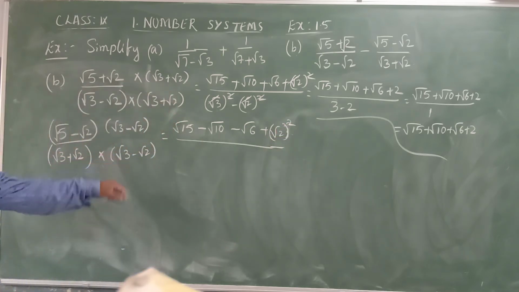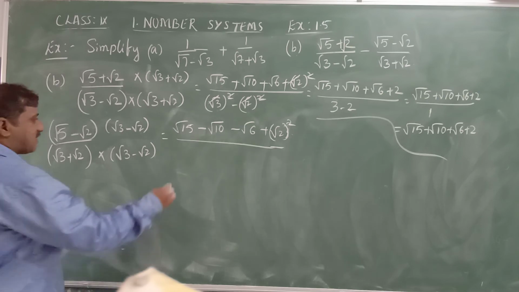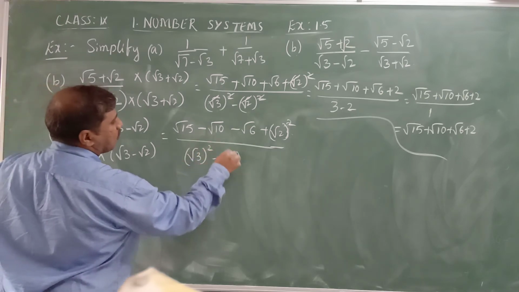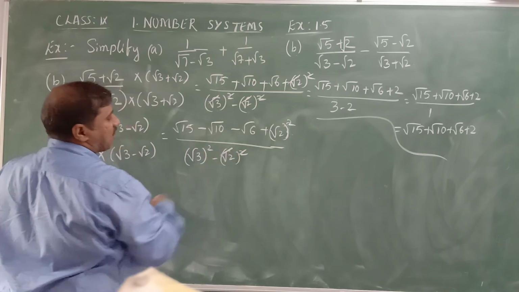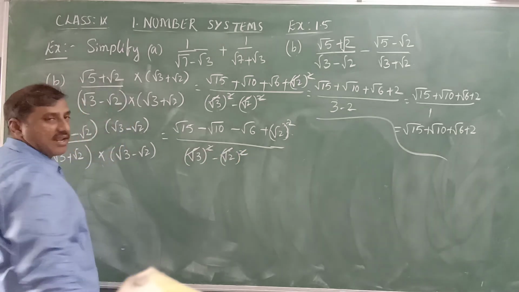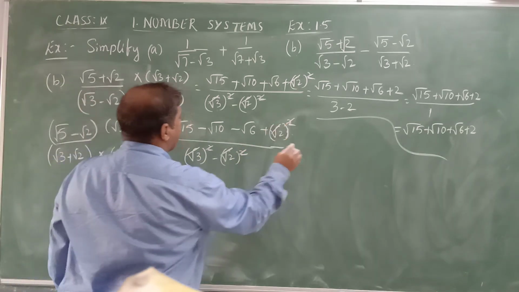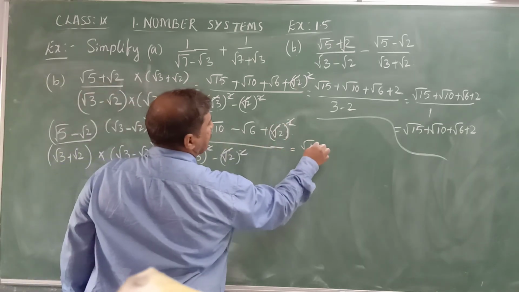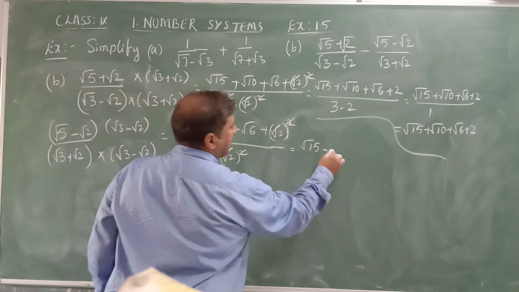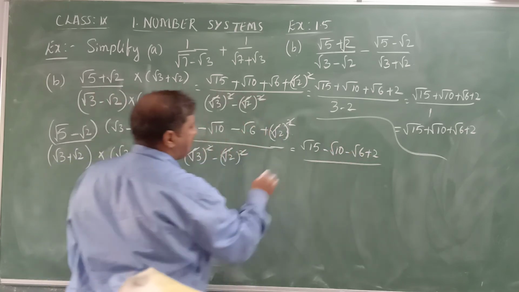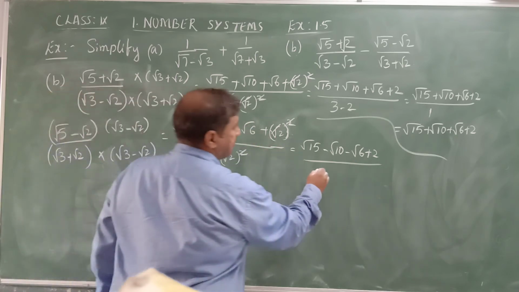divided by a plus b into a minus b, that is a square minus b square, which is root 3 whole square minus root 2 whole square. Square and square root are cancelled. Now what we get? It is root 15 minus root 10 minus root 6 plus 2 divided by 3 minus 2.